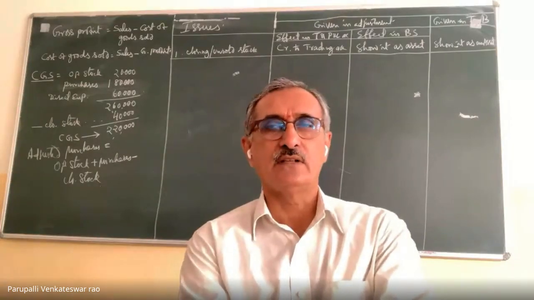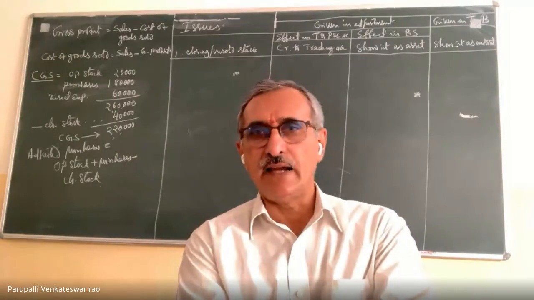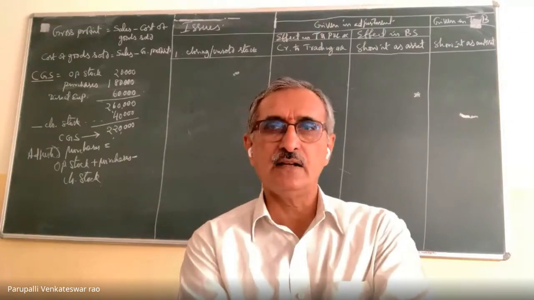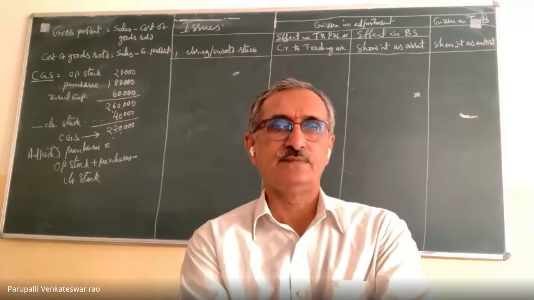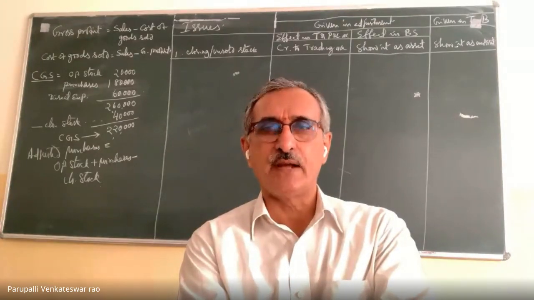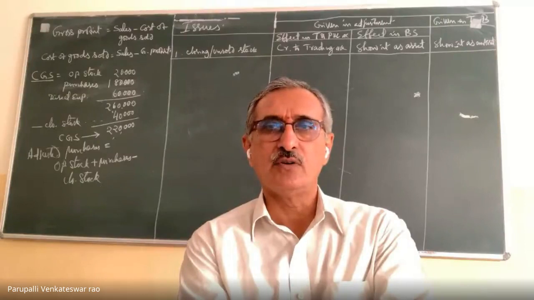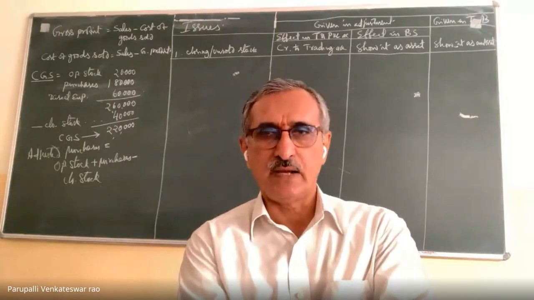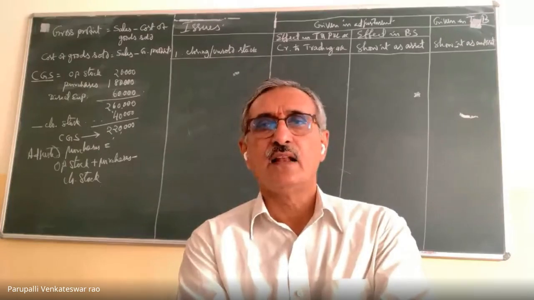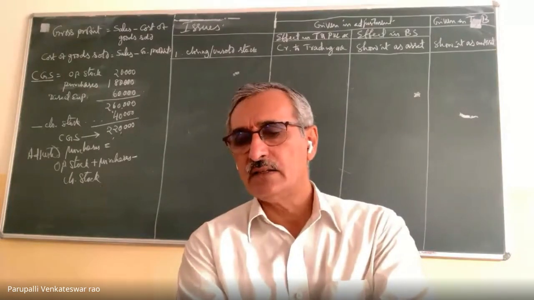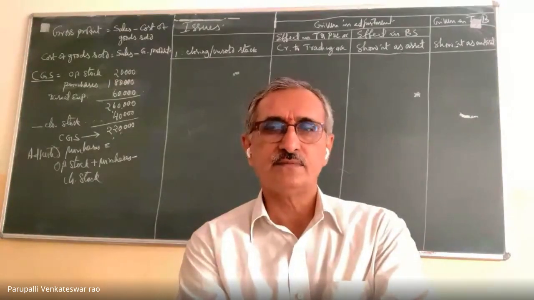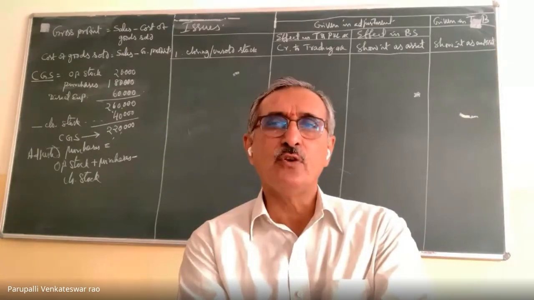You confine to that. Liability side, I told you the capital and liabilities. So capital is the amount invested by the proprietor. Already you know it. Next one, liabilities. What are the liabilities? These are the amount we borrowed from outside in the form of loans taken.